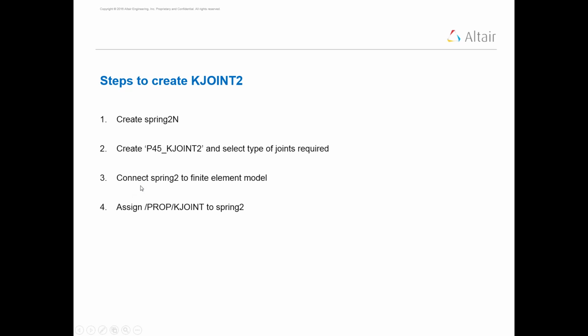Third step is to connect spring 2 to the finite element model. Final step is to assign the property K joint to spring 2. In the second and third steps, we have created a property that has to be assigned to spring 2 here.